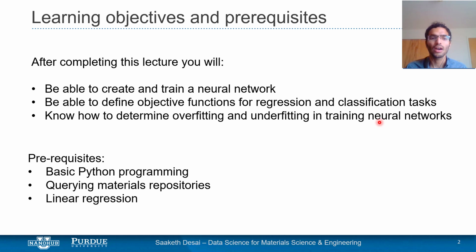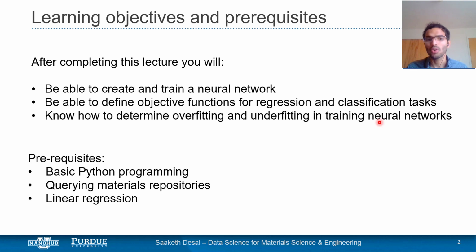Lastly, one prerequisite that will be useful is the structure of the code used to fit a linear model to our data. This was covered in the linear regression tutorial. A lot of the code structure will remain the same. Today, we will swap out the linear model for a neural network.